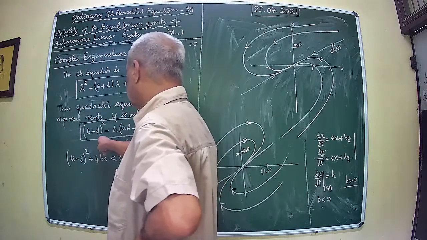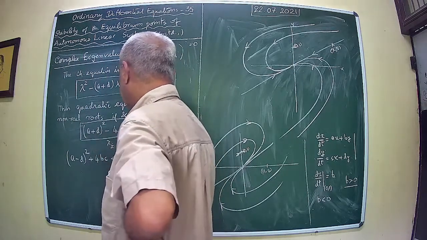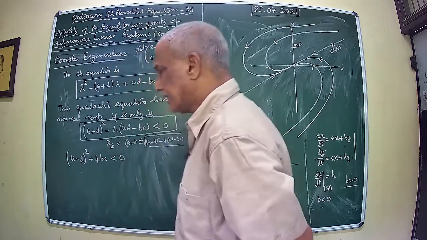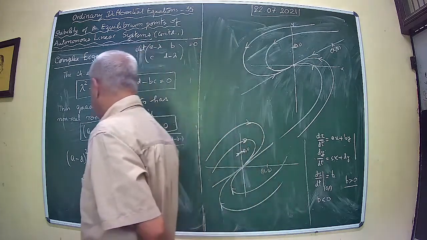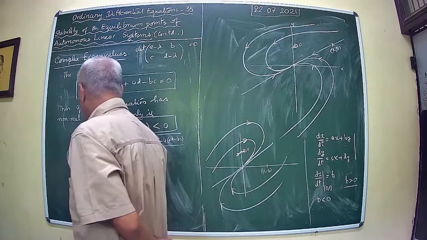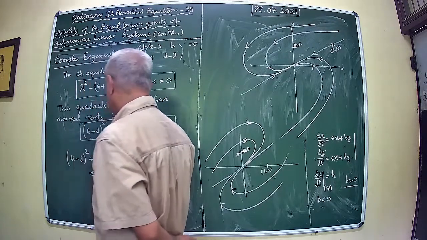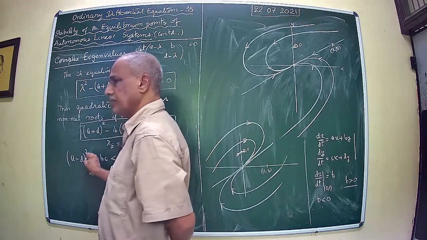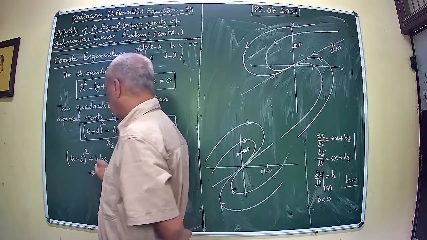Do you follow this? We just expand it, then you can rewrite it in this form. What does this say? Whenever the discriminant is negative, since (a minus d) square is anyway non-negative, therefore 4bc has to be negative.